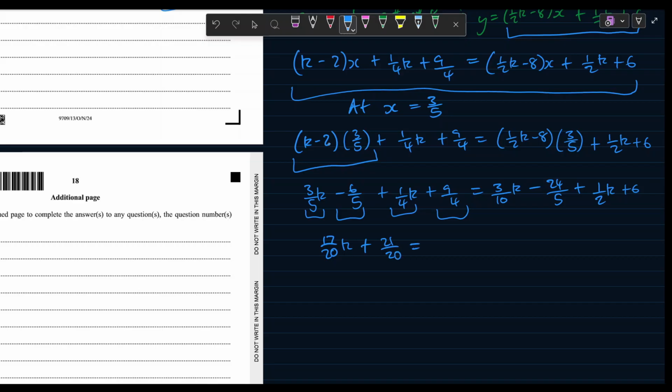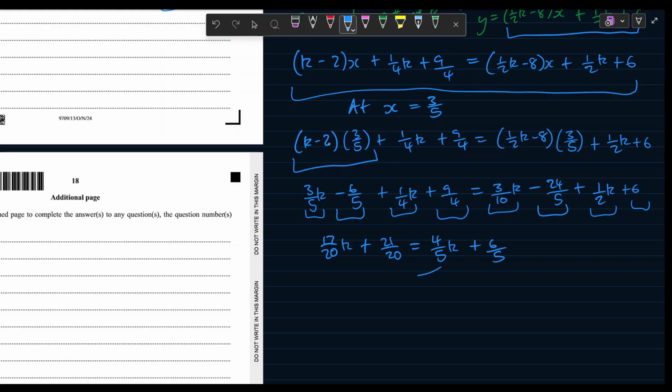And this is equal to, let's deal with the like terms on this side. So 3 over 10 k plus a half gives us 8 over 10, which is 4 over 5 k. Then we've got -24 over 5 plus 6, which is positive 6 over 5.